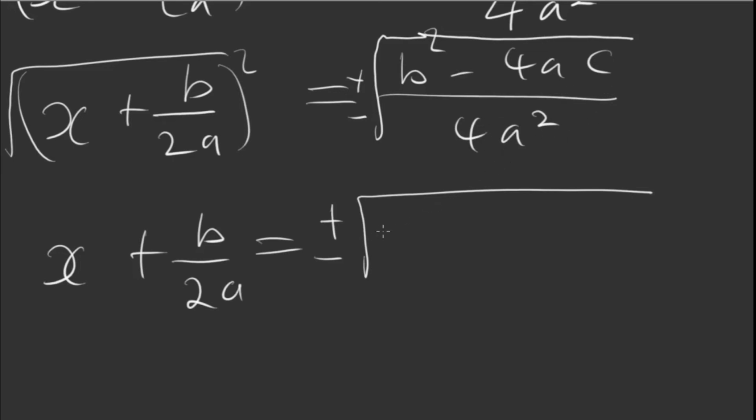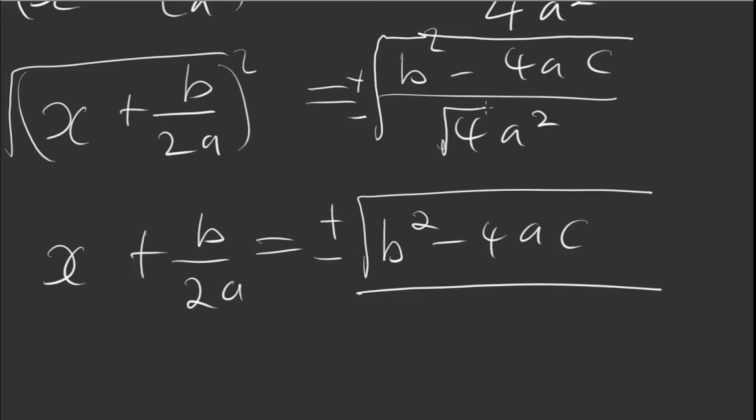Let's leave the numerator here, and then let's do the denominator. We will do square rooting here, like we're introducing the square root here, because it belongs to this also. So if you do that, then this will go, and the 4 will be 2, so it will be 2a.